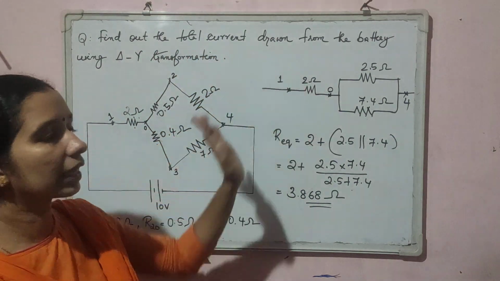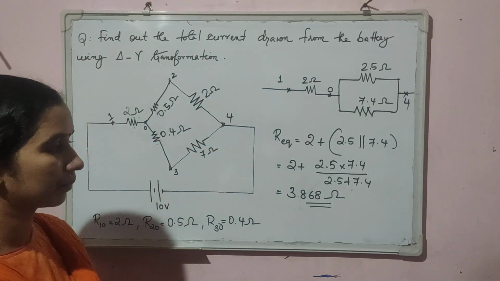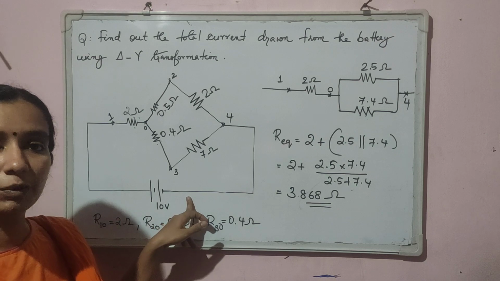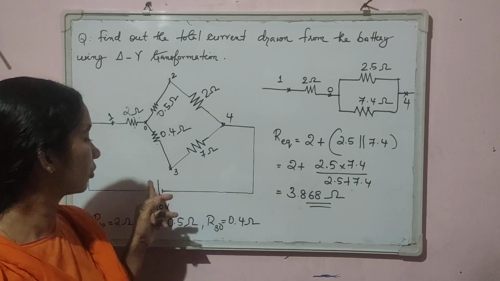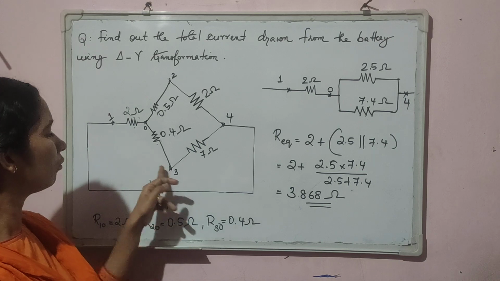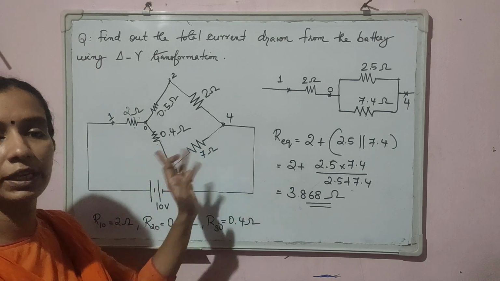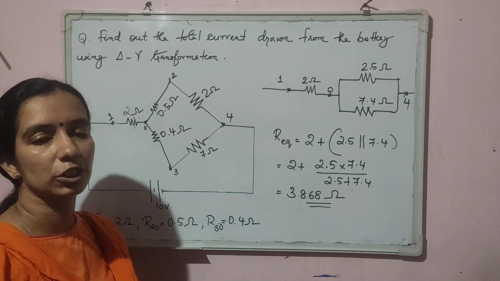Okay, so the equivalent resistance of the circuit that we have considered is 3.868 ohm, and we have to calculate the total current drawn from the battery. So the total current drawn from the battery, I is equal to V by R. So total current is equal to total voltage divided by the total or equivalent resistance of this combination.